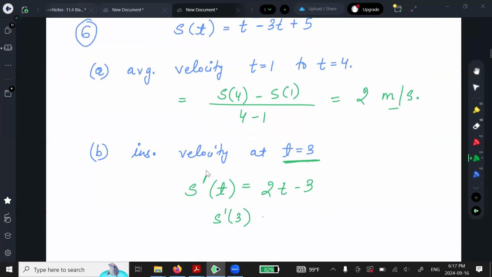And what's the answer? Can you write one sentence for it? Who's going to answer? Raise your hand if you know. Yes. At 3 seconds, the velocity of the car is 3 meters per second.